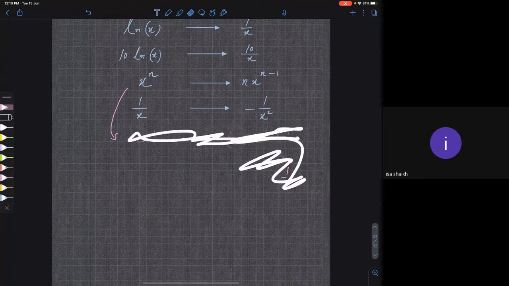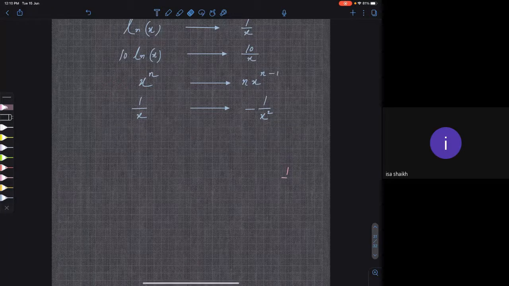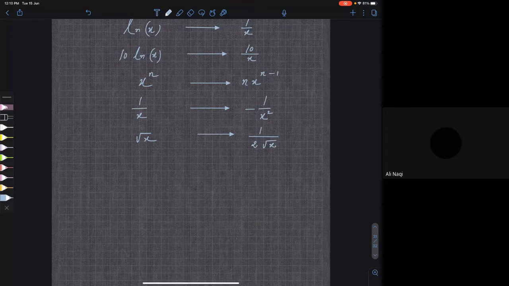So for example, 1 by root x also you can do. What is the derivative of root x? It will be 1 by 2 root x. Same formula if you apply, you will get. Sir, it is better to remember.